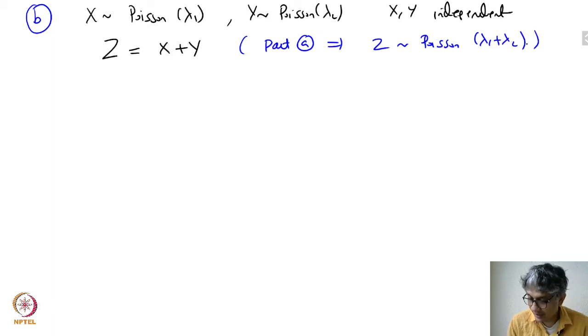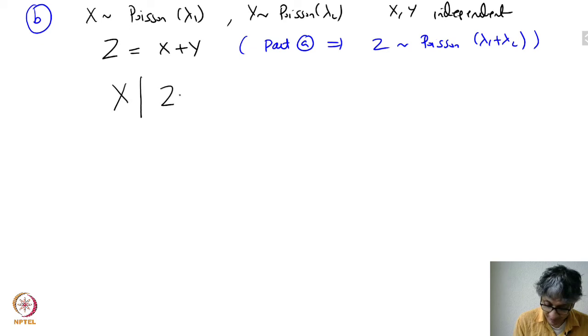Now I want to ask you a question from an experiment. Let's say I'm given the event Z is equal to N. So I'm going to ask you, what can X be? So X given Z equal to N, what's the distribution of X?